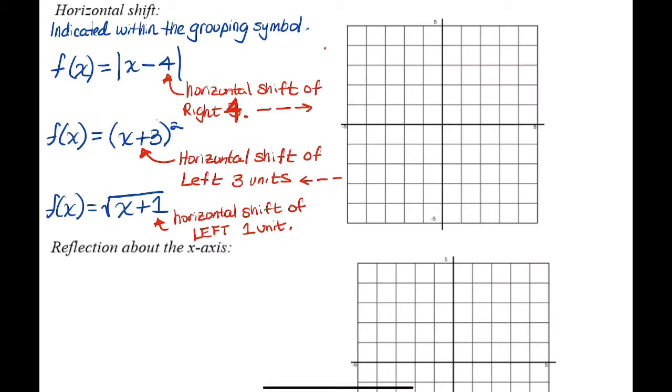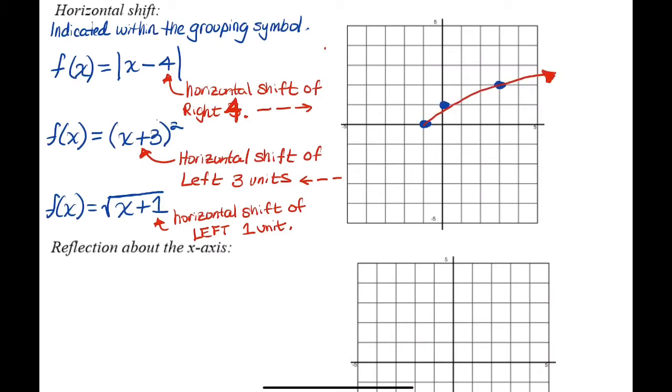So that indicates a horizontal shift of left 1 unit. So the parent function of a square root function looks like that. So that means it's going to have a shift of 1 unit to the left.